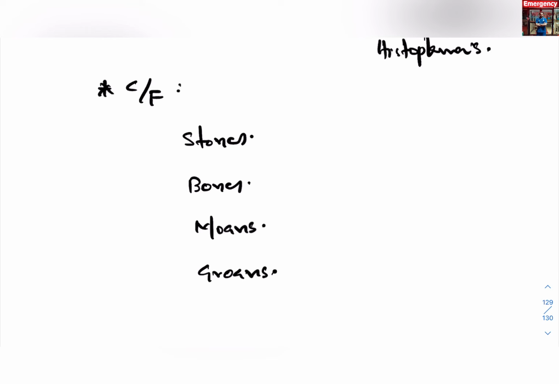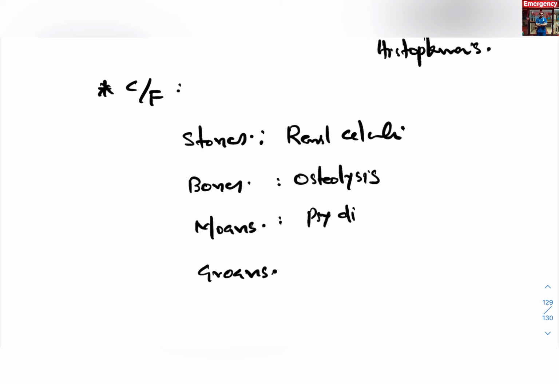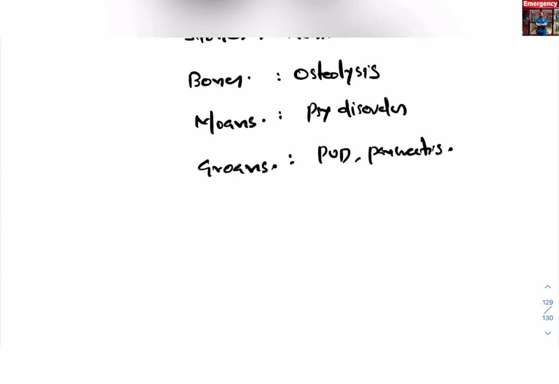And groans means peptic ulcer disease or pancreatitis, abdominal groans. So these are the clinical features, and there are certain ECG features associated with hypercalcemia.